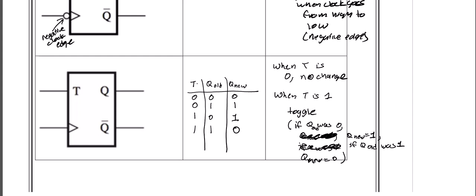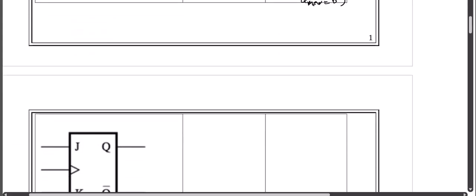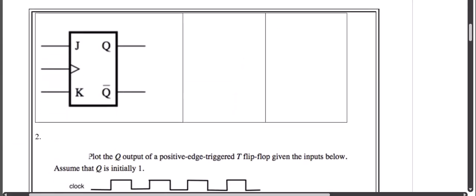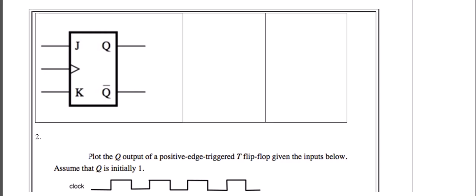Okay, so the next one we're going to look at is the JK flip-flop. Let me make sure that I get these right.